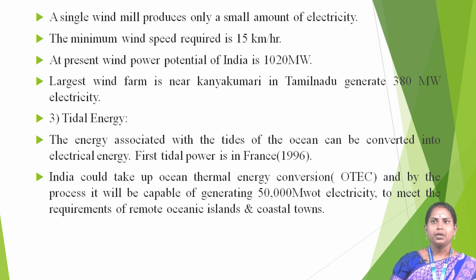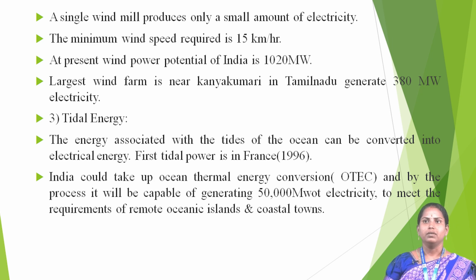Minimum wind speed required is 15 km per hour. At present, the wind power potential of the country is 1020 megawatt. The largest wind farm is near Kanyakumari in India. It generates 380 megawatt electricity.